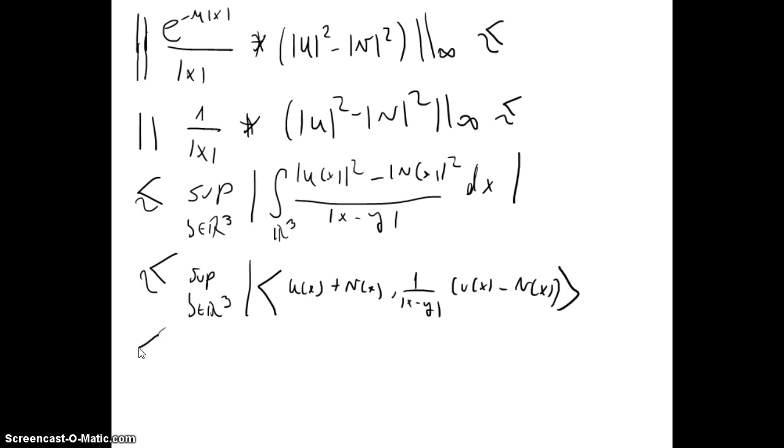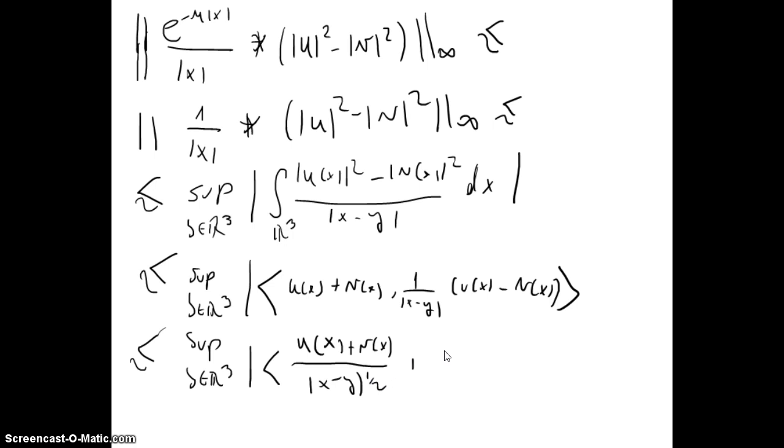Okay, this can also be written as the supremum over y in R3 of ux plus bx over x minus y to the 1/2, times ux minus bx over x minus y to the 1/2.